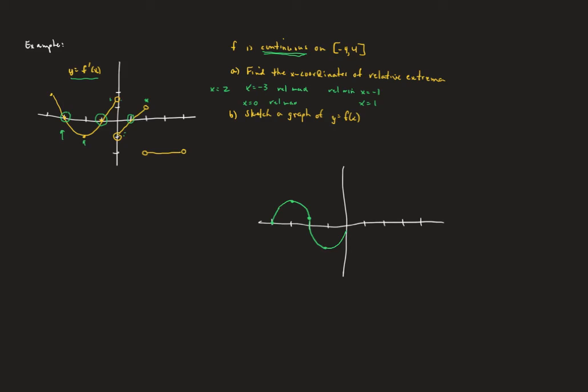So I'm going to try to make it not look too much like a cusp, and I'm going to decrease until we get to positive 1. X equals positive 1 is going to be a relative minimum. Let me make that a little more curved. So something like that. And then it's going to increase and go to positive 2, where we're going to have another corner point.